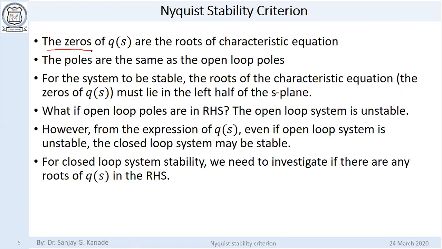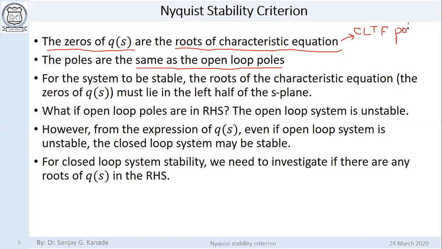The zeros of Q(S) are the roots of the characteristic equation, means they are the CLTF poles. Am I right? Do you get this concept?